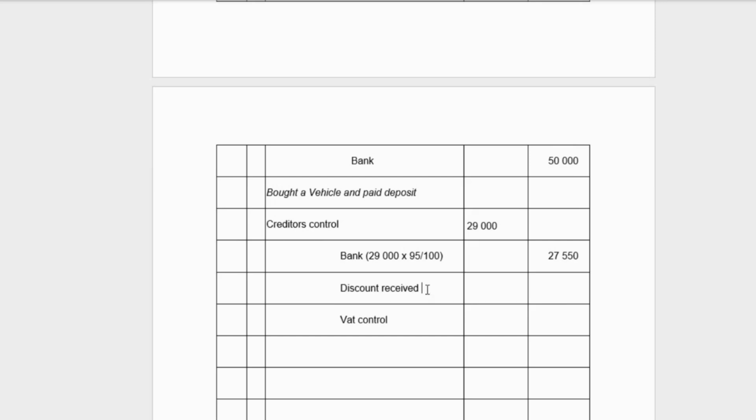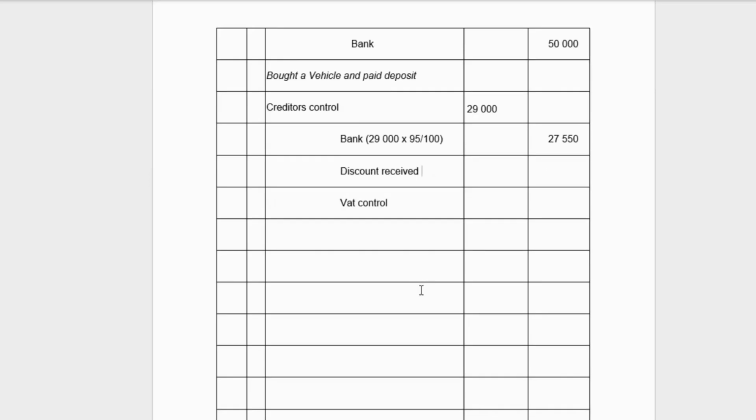So how much is our discount? Our discount is going to be 5%, right? So I can just put calculations down there. This is transaction 21. We're just doing calculations there, right?